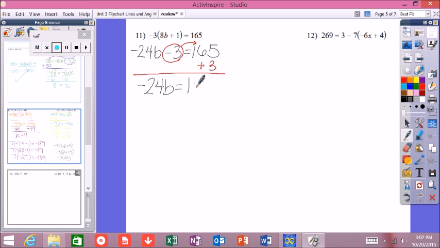Negative 24b equals 168. And we'll divide on our last step. What are we dividing by? Negative 24. 168 divided by negative 24 is negative 7. Now let's grab the calculator and let's plug that in and check.